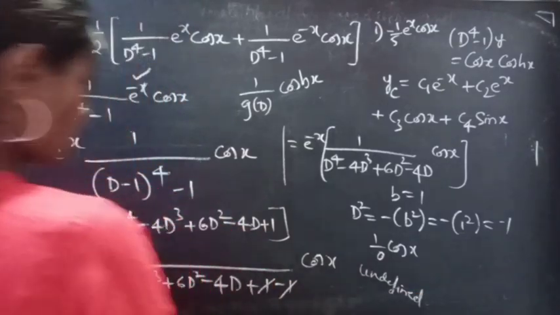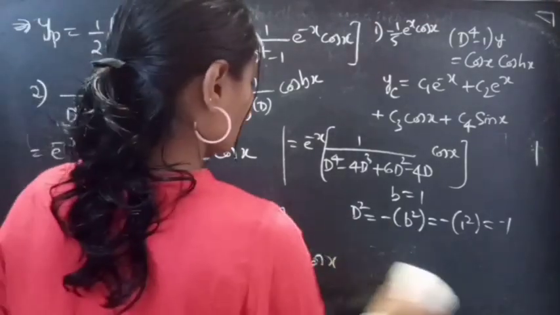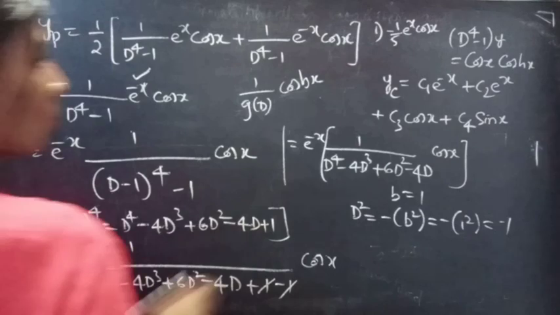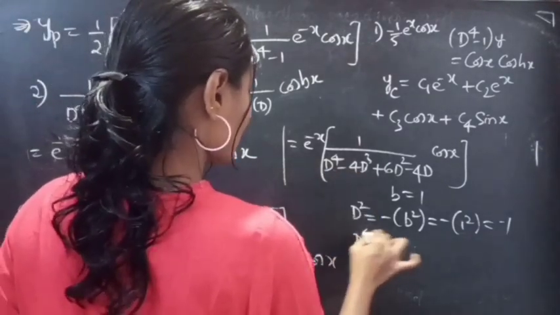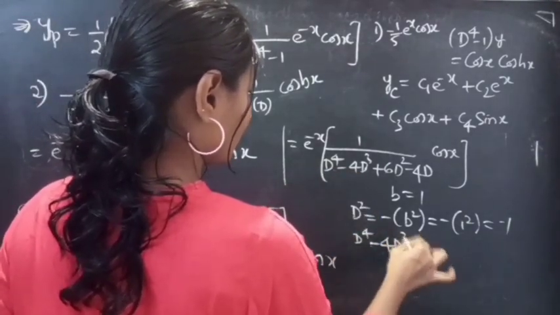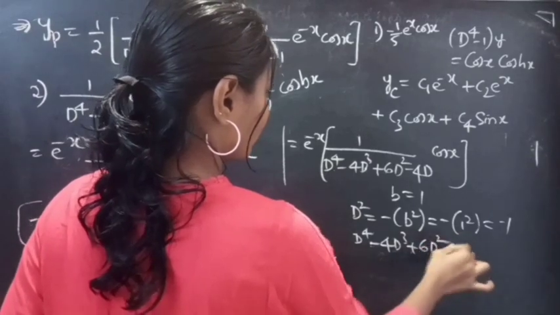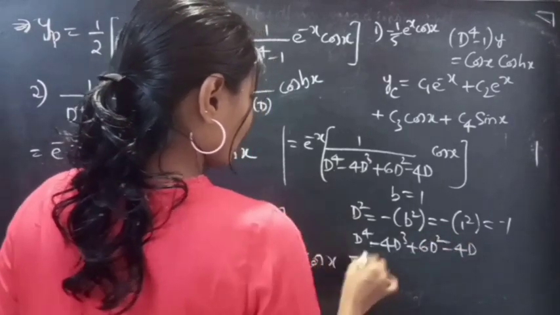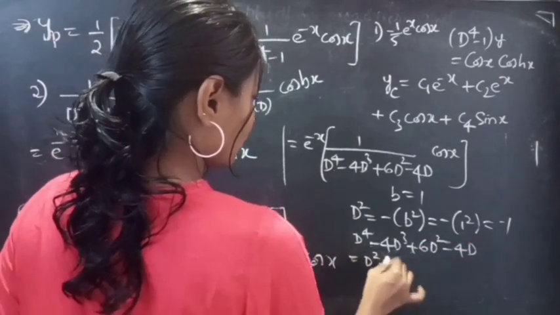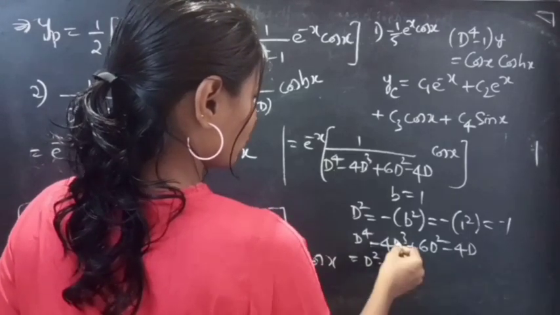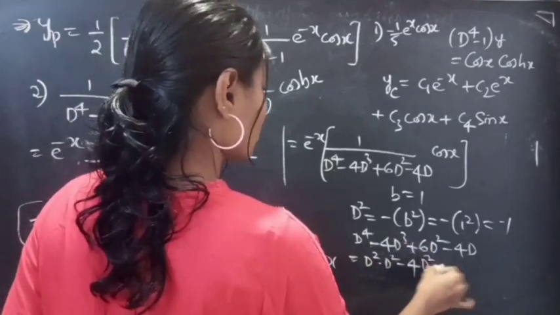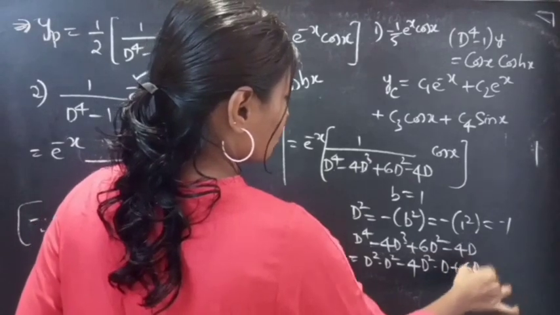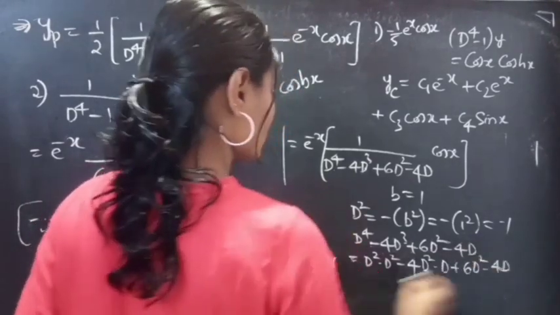So let's see what happens if we replace d square in the denominator. I'll just take the denominator part. You can write d power 4 as d square into d square, minus 4 d cube, which can be written as d square into d, plus 6 d square, minus 4d. Now replace d square with minus 1.